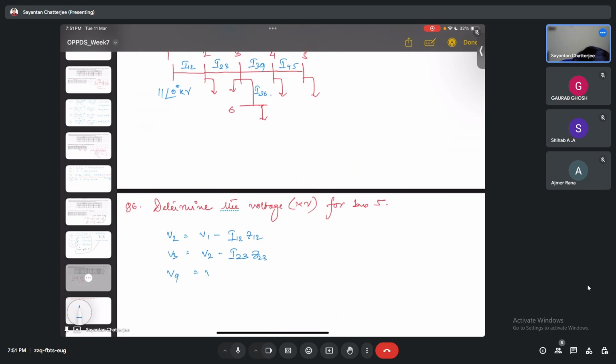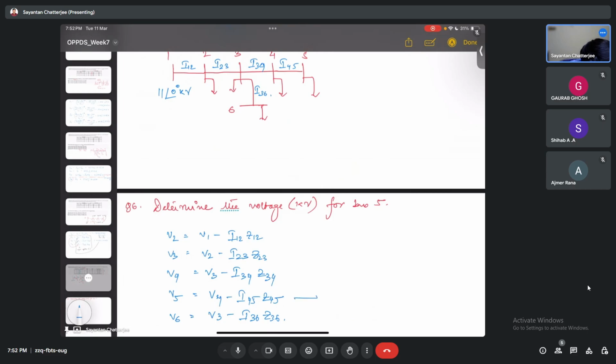V4 will be V3 minus I34 Z34. V5 will be V4 minus I45 Z45, right? And V6 will be V3 minus I36 Z36.